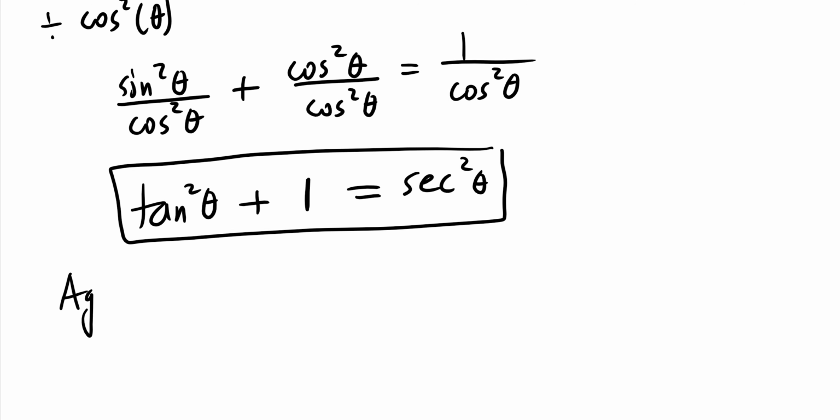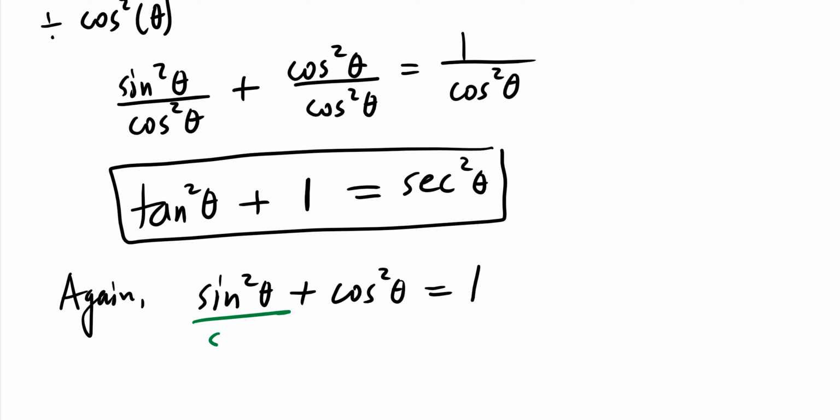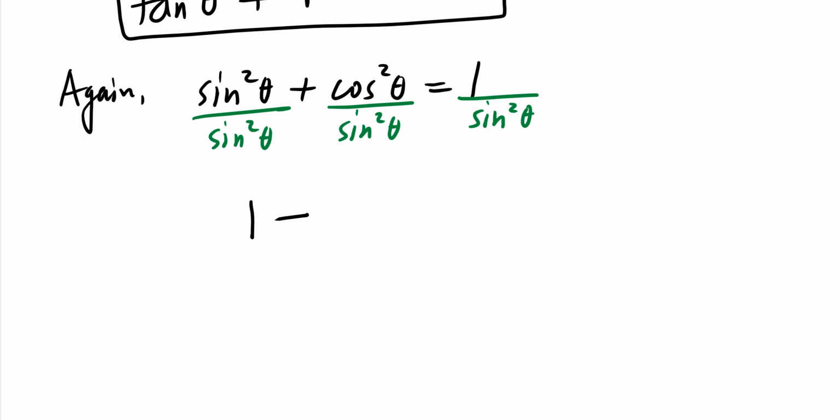What about, again, if we take the same identity from before, and instead of dividing by cosine squared, I'm going to divide each one by sine squared. So I'm going to divide this by sine squared theta, this by sine squared theta, and this by sine squared theta. What are we going to get? This is 1, this is cotangent squared, and this is cosecant squared.